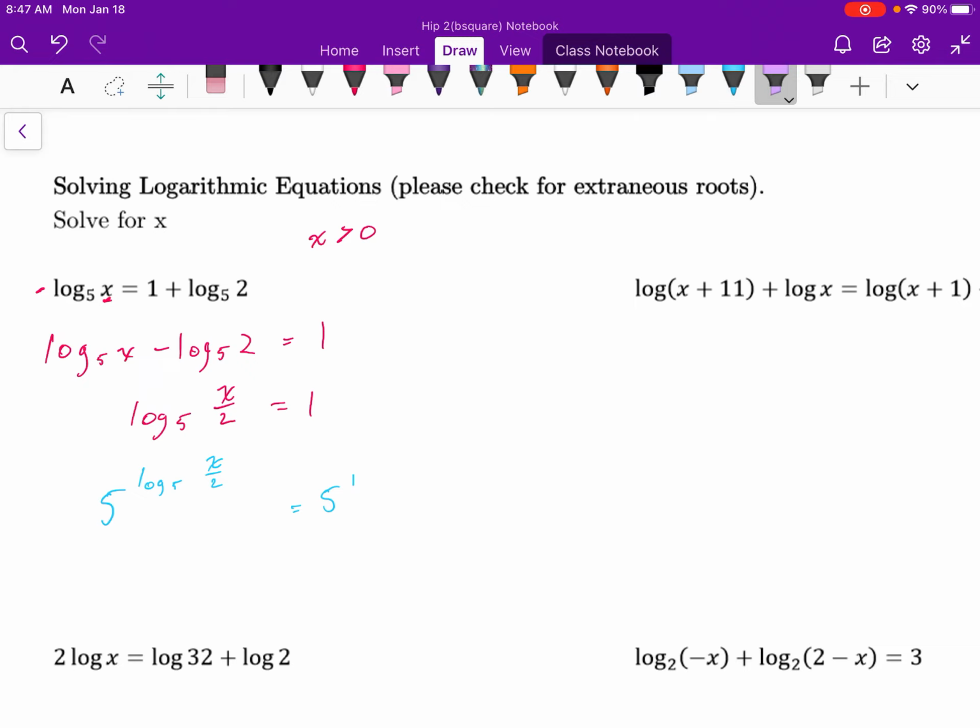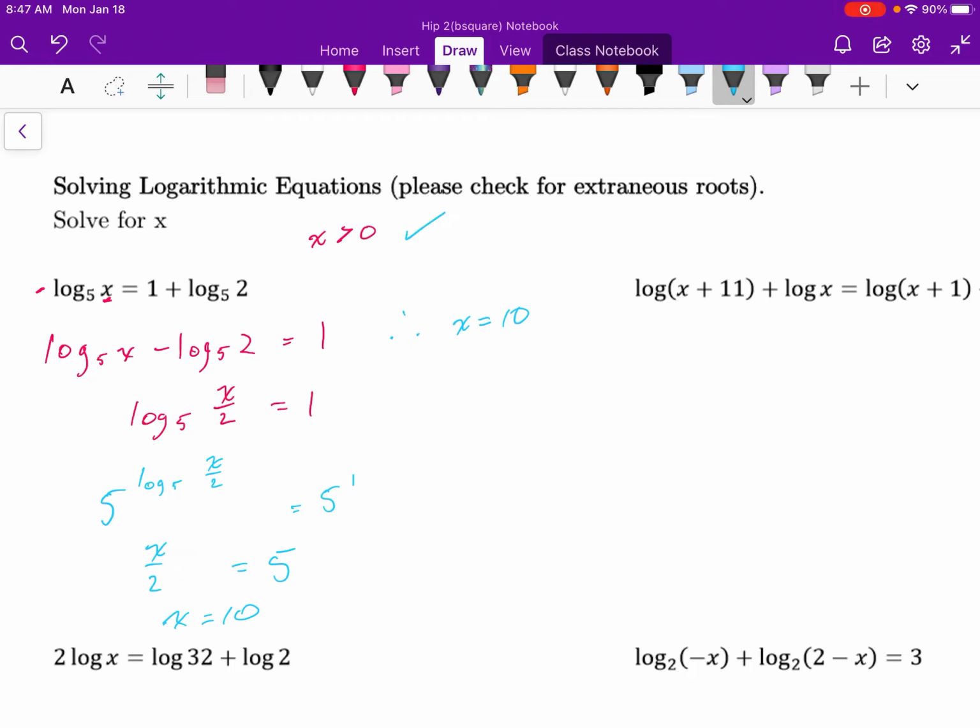And there we are. If you notice, the two sides of the equation are now transformed to the exponent. On the left-hand side, 5 to the power of log base 5 of x over 2 simply turns into x over 2. 5 to the power of 1 is 5. Solving for this, I'm going to multiply both sides by 2, so x is equal to 10.